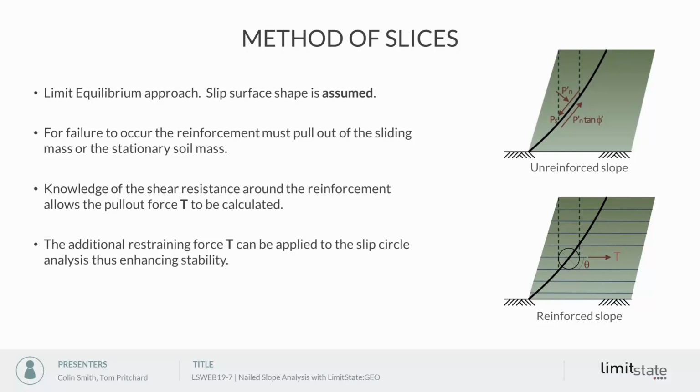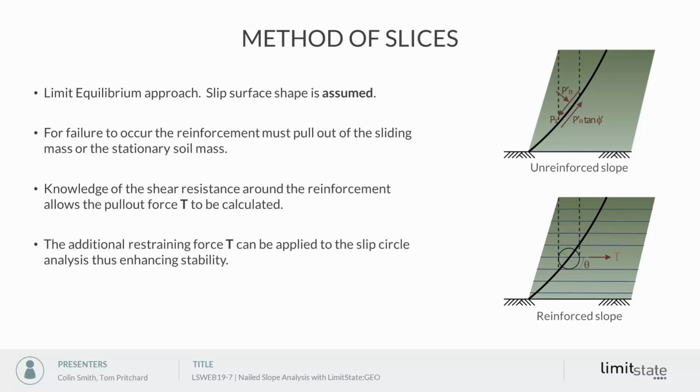And if we've got reinforcement within our slope, so down here, for failure to occur, the reinforcement must pull out of the sliding mass or the stationary soil mass, depending on relative length of reinforcement either side of the slip surface. So if we know what the shear resistance is around the reinforcement, we can calculate the pull-out force, and then that force can be applied in our slip circle analysis, enhancing stability.